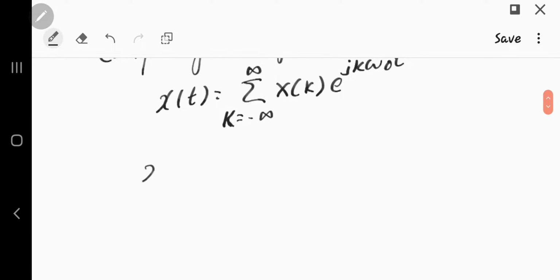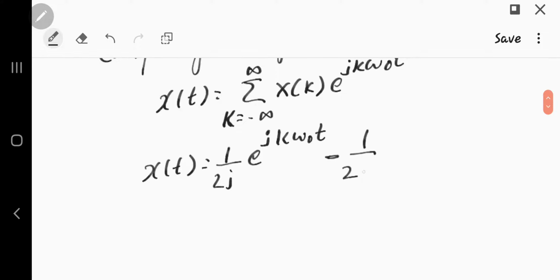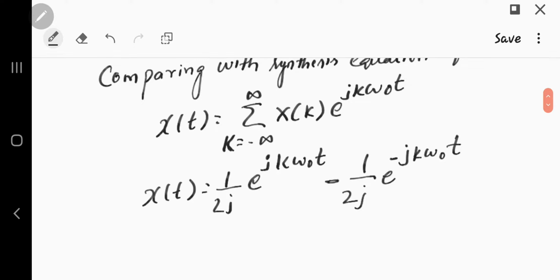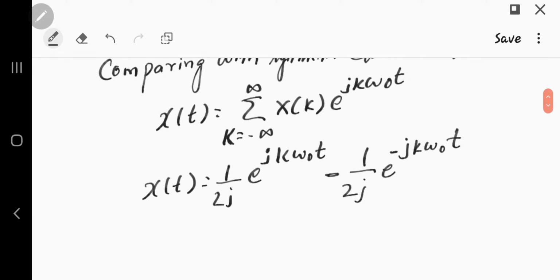Now this x of t given, I will just rewrite this. We can express 1 by 2j e power j k omega naught t minus 1 by 2j e power minus j k omega naught t. Now if you observe these two, in this summation we have the same e power j k omega naught t.